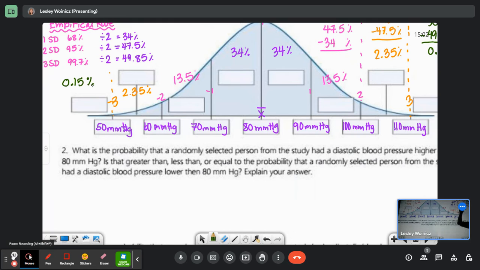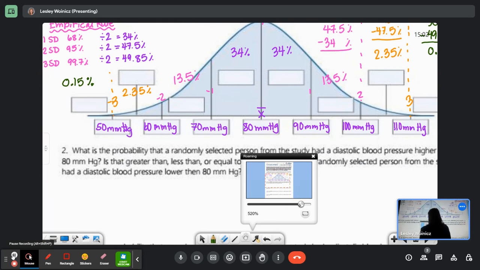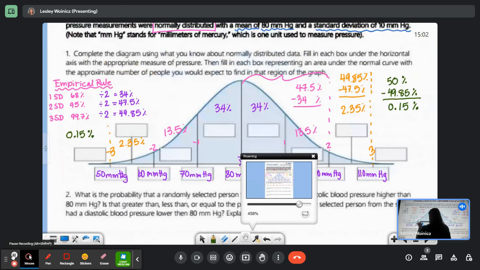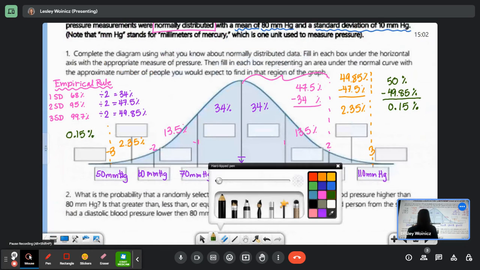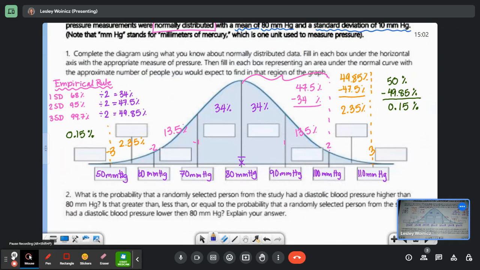No, not yet. We haven't talked about what to write in the boxes yet. We're just talking percents. Okay, now that we have the whole thing ready to go, it says fill in each box under the horizontal axis, that's this, with the appropriate measure of pressure. So we already did that.